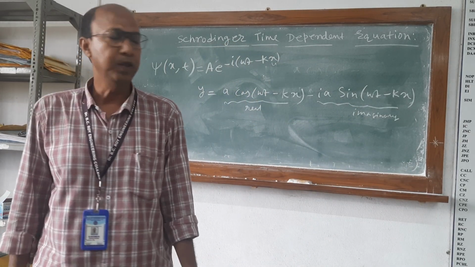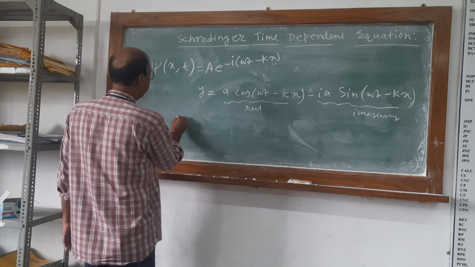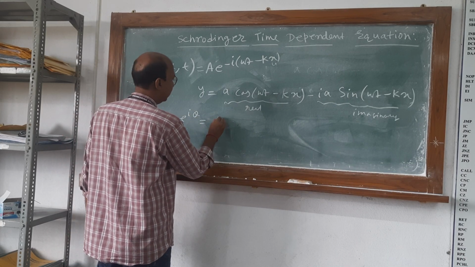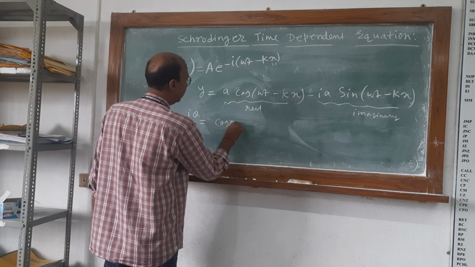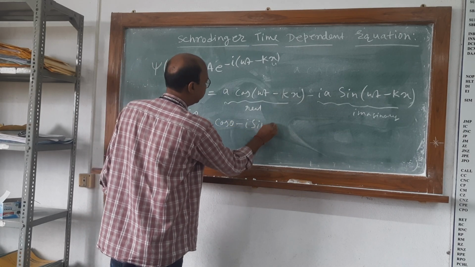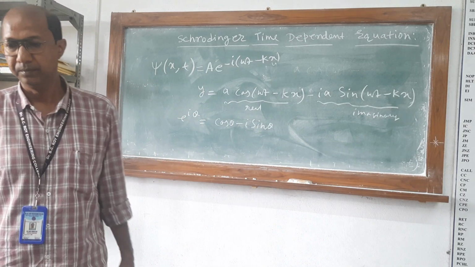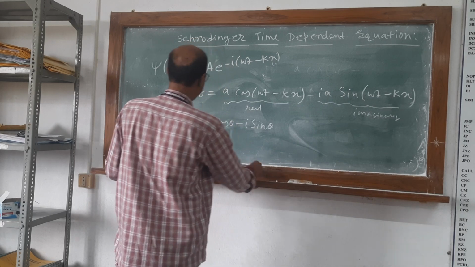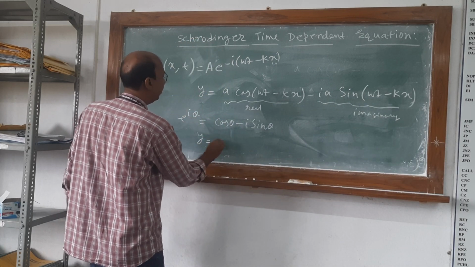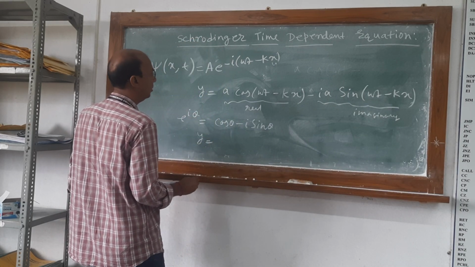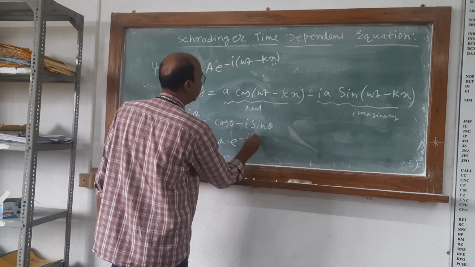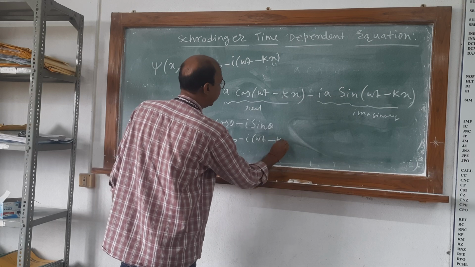Now we know e to the power i theta equal to cos theta minus i sin theta. So this y becomes y equal to a e to the power minus i (omega t minus kx).